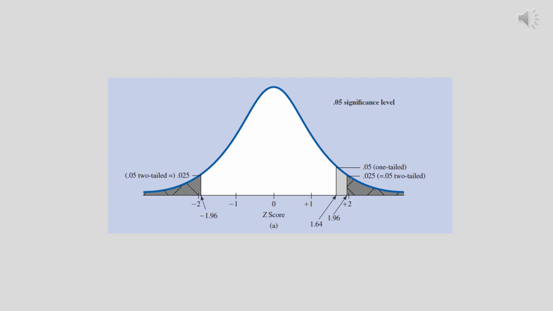If it was a one-tailed test, but you were interested in something being lower than something else, like drug A reduces depression scores compared to people who don't take drug A, then you'd be looking at the bottom 5% of the distribution, which would be a z-score of negative 1.64. So those are good values to have in your back pocket or to memorize.